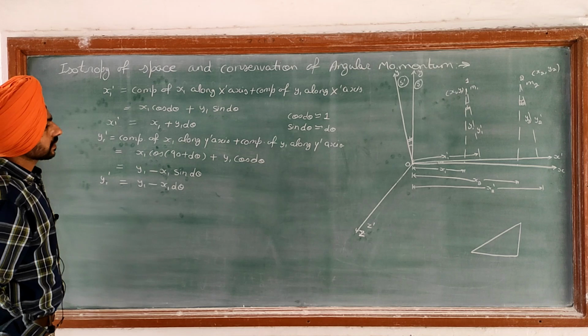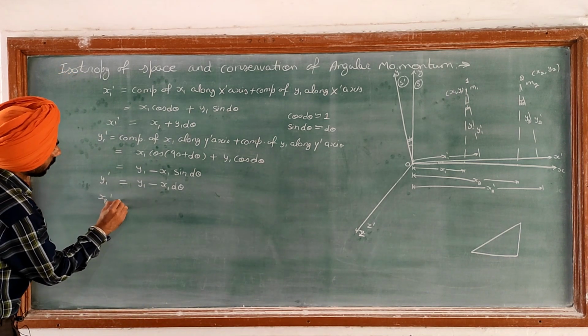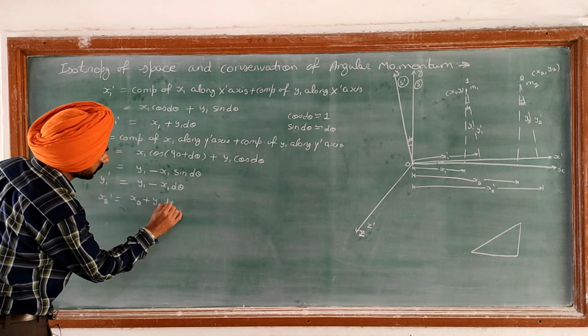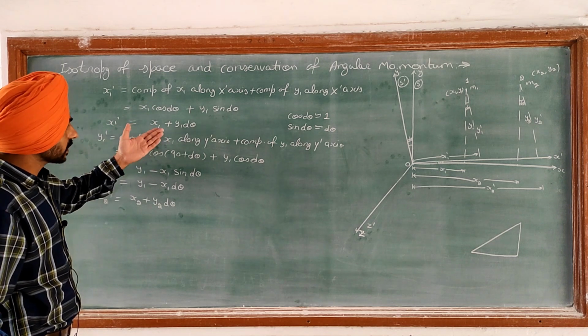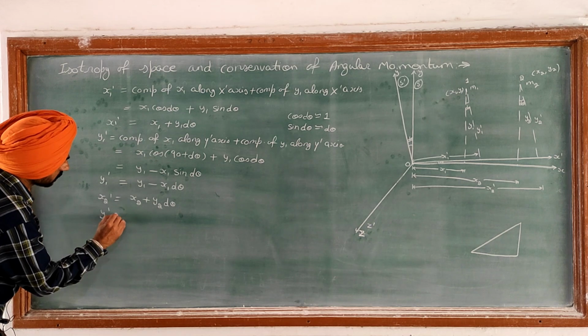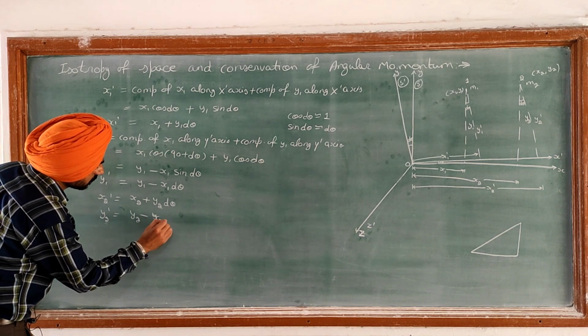Similarly, we can find x2 prime is x2 plus y2 d theta. You can replace x1 with x2 and y1 with y2 in this relation, and similarly y2 prime is y2 minus x2 d theta.